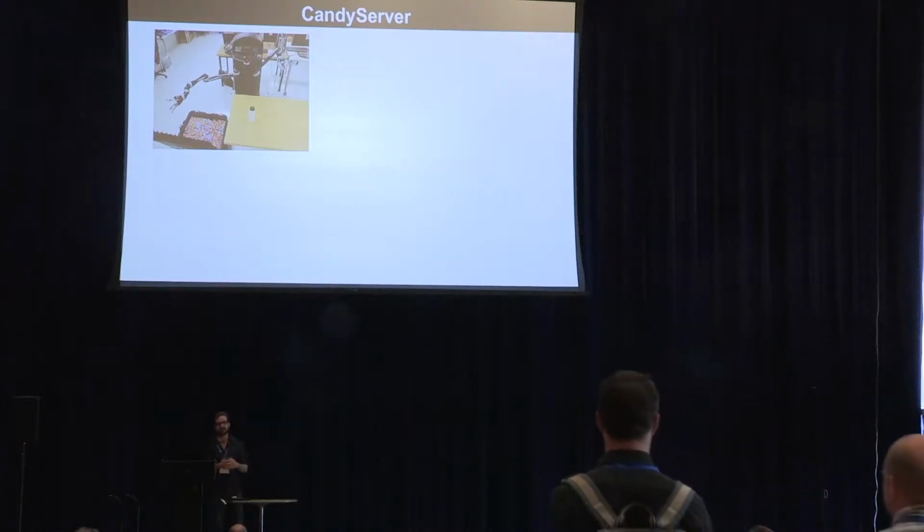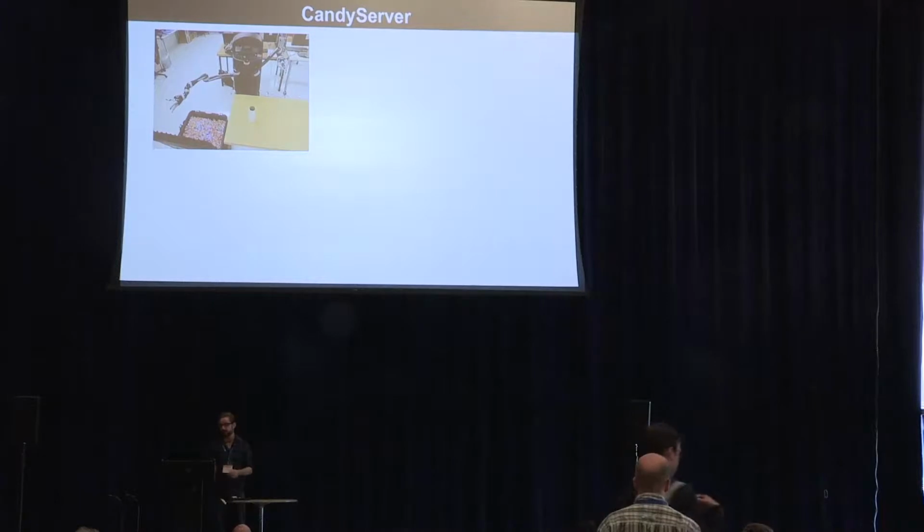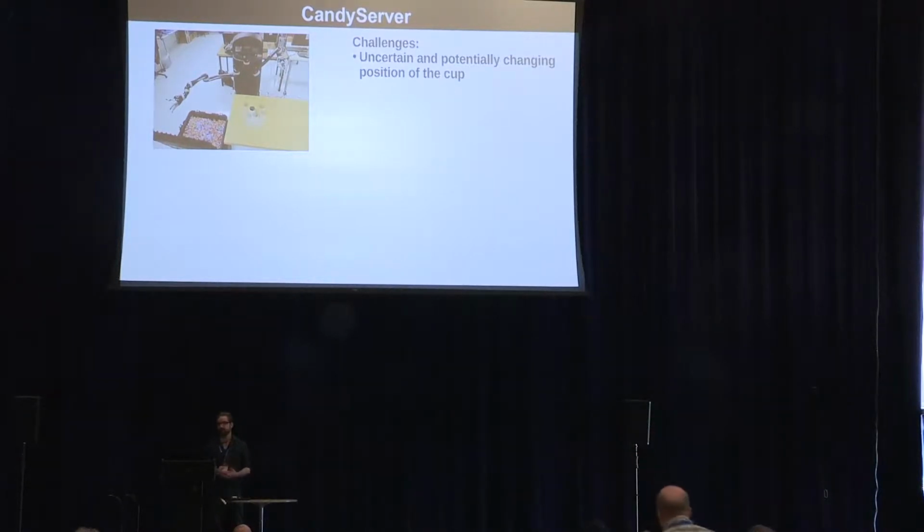However, there are some challenges that prevent us from naively applying off-the-shelf planners. The first challenge is uncertain and potentially changing positions of the cup. We assume that the robot has limited understanding about the exact location of the cup, and that the cup can be misplaced during runtime. Of course, the robot can use its Kinect sensor to localize the cup.